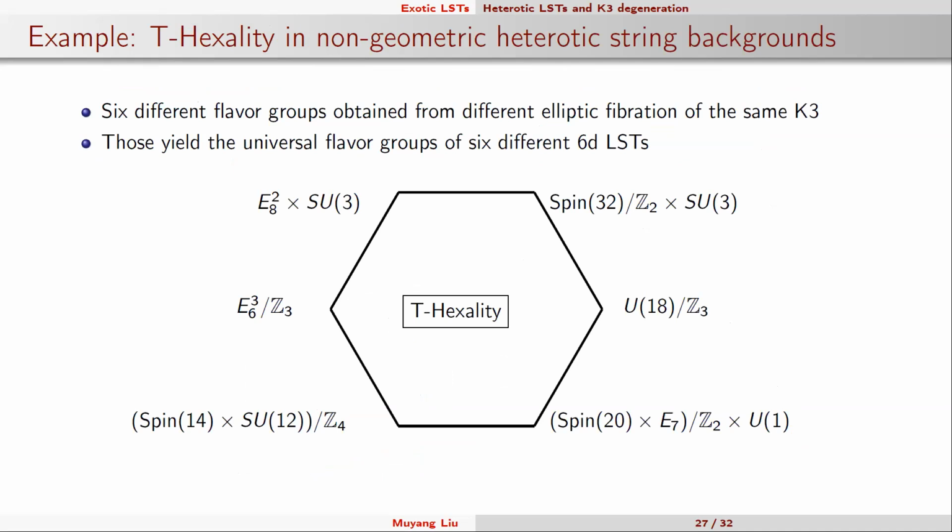Then I gave one interesting example about the multi-T-dual families that used the knowledge of the K3 geometries. Namely, there are 6 different flavor groups depicted in each corner of the hexagon that reflect the different elliptic fibrations of the same K3s.